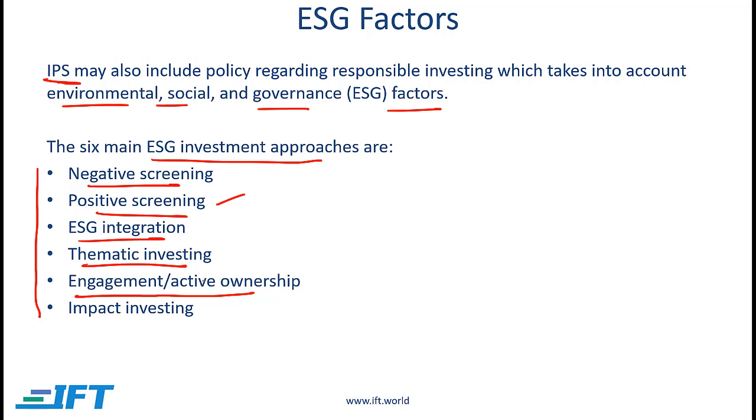This strategy involves achieving targeted social or environmental objectives along with measurable financial returns by using shareholder power to influence corporate behavior. And the final point here is impact investing. This refers to investments made with the intention to generate positive, measurable social and environmental impact alongside a financial return.